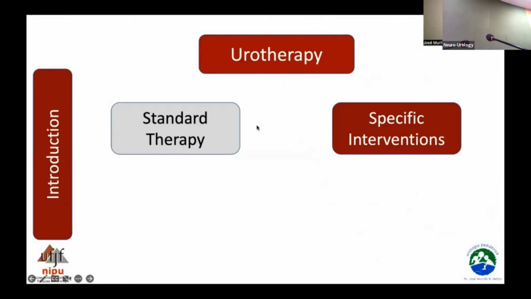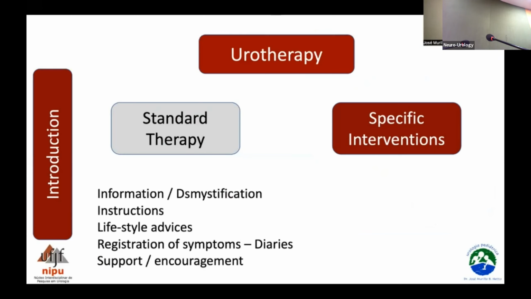So as we know, treatment of voiding dysfunction starts with urotherapy. And we have two types of urotherapy, which is standard urotherapy and specific interventions. Standard urotherapy stands for information and demystification, instructions, lifestyle advice, registrations of symptoms like in voiding diaries, and support and encouragement to the child and the family.